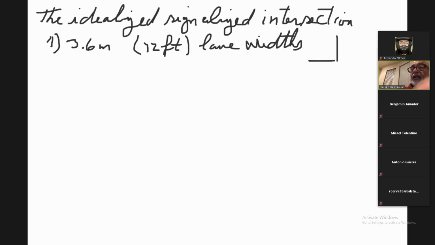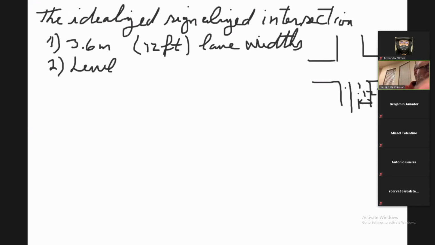So when you have an intersection, each of these lanes has to be 12 feet or more. You have to have level terrain, or level grades. No grades, level.